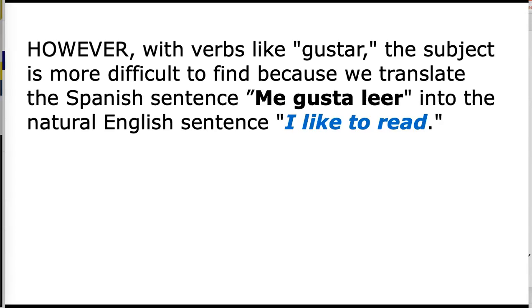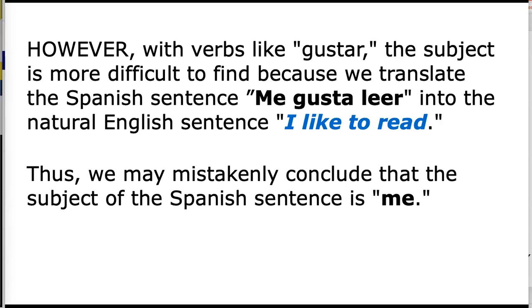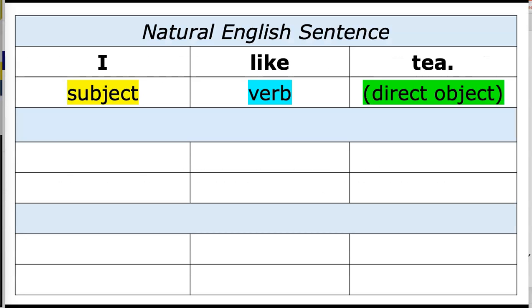However, with verbs like gustar, the subject can be more difficult to find because we translate the Spanish sentence me gusta leer into the natural English sentence I like to read. Thus, we may mistakenly conclude that the subject of the Spanish sentence is me because it would seem to parallel the English I. That is incorrect.